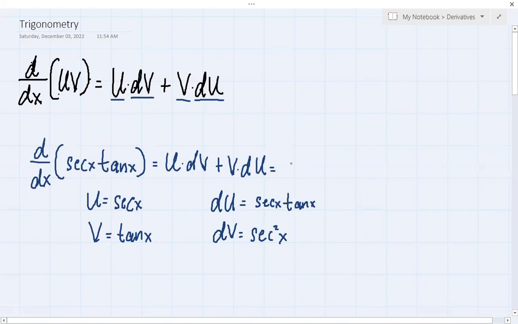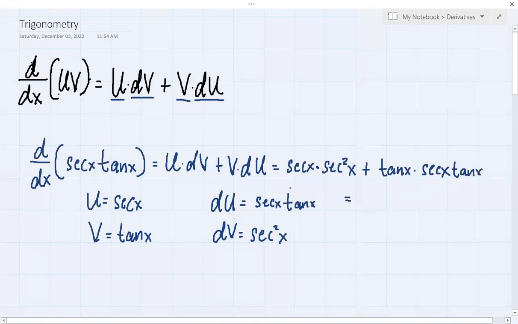So, your u is basically secant x times dv, which is your secant squared x, plus si v, which is tangent x, times du, which is secant x times tangent x.